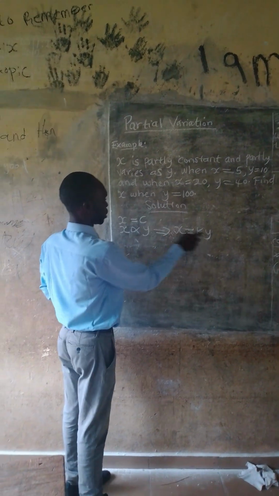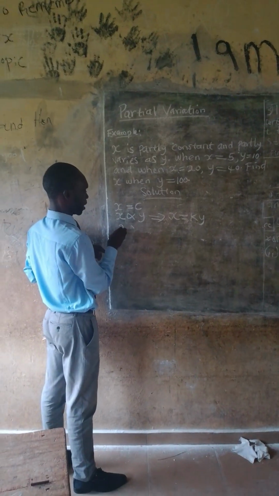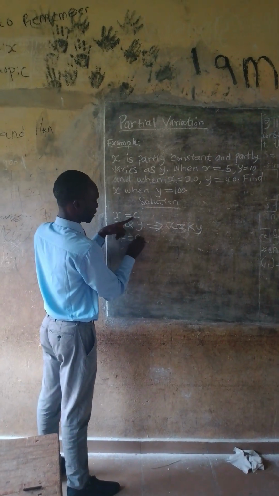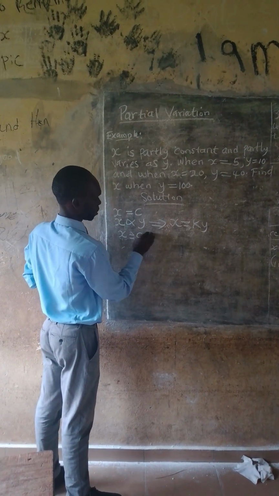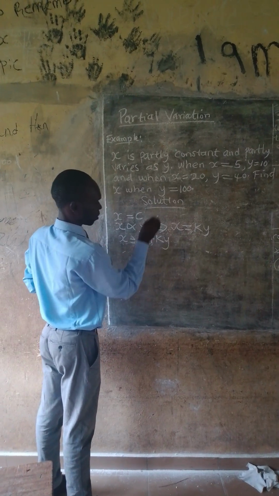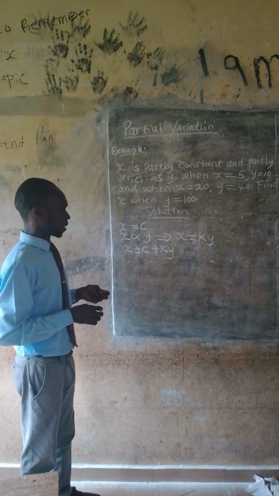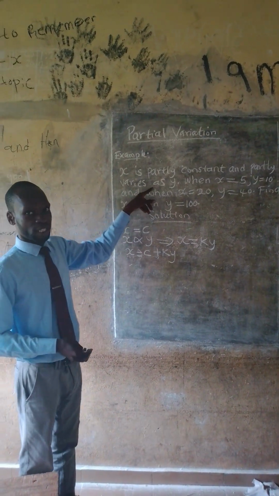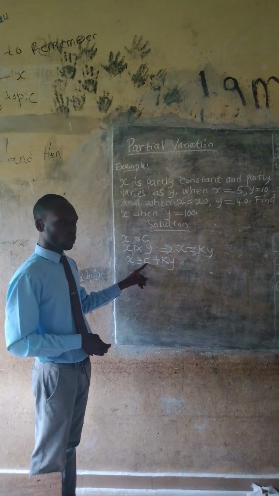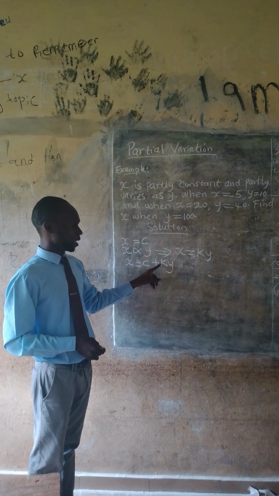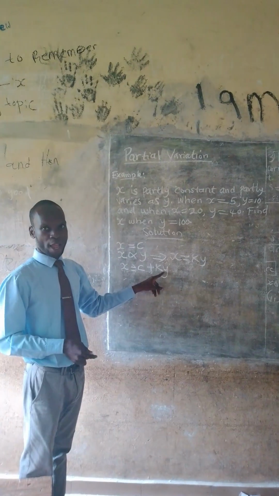So to combine the two, we will now have x equal to c plus ky. That is what the equation is stating. X is partly constant and x varies as y.